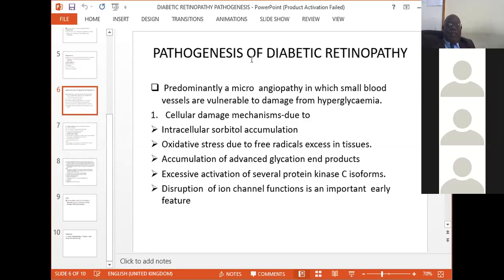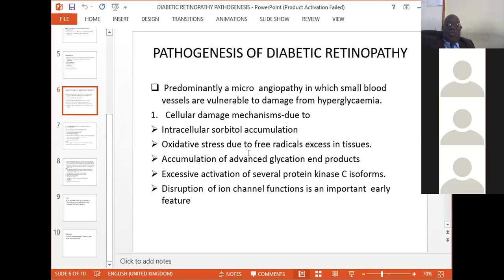Let's look briefly at the pathogenesis of diabetic retinopathy. It predominantly affects small vessels, a microangiopathy, in which small blood vessels are vulnerable to damage from hyperglycemia. One, the cellular damage mechanism is due to intracellular sorbitol accumulation; you have accumulation of sorbitol within the tissues.